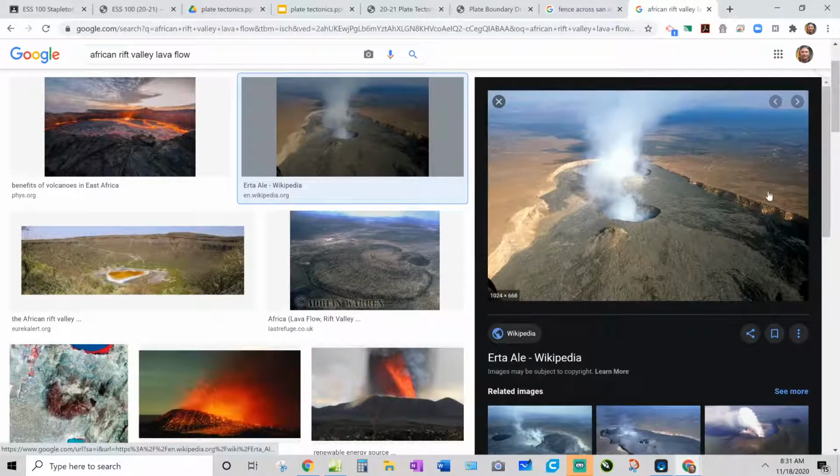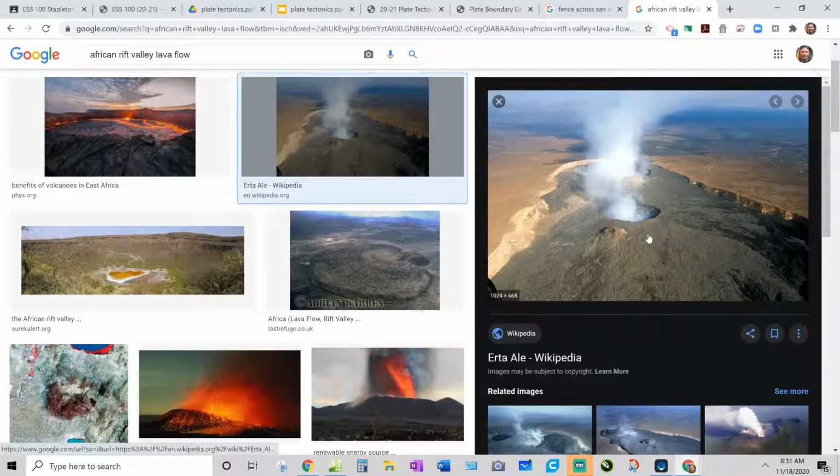You can definitely see continental crust on the right, and continental crust on the left, and you can see where the magma is coming up here. It does sort of look like this is piling up, making a kind of rounded shield volcano here.